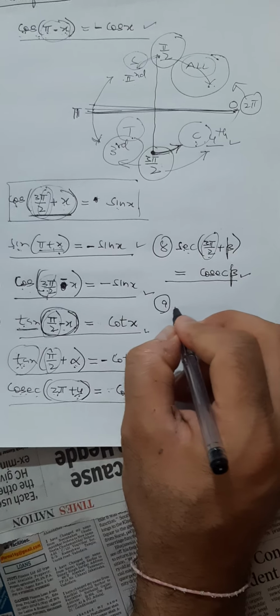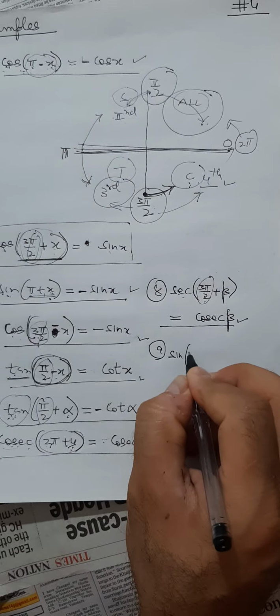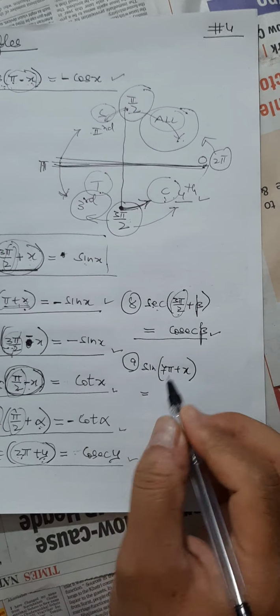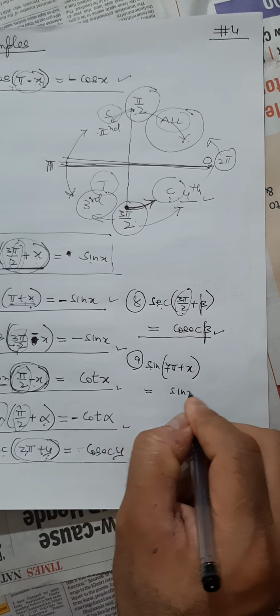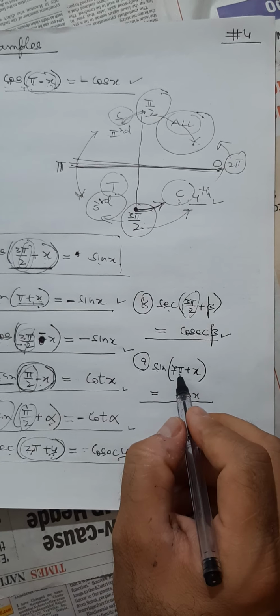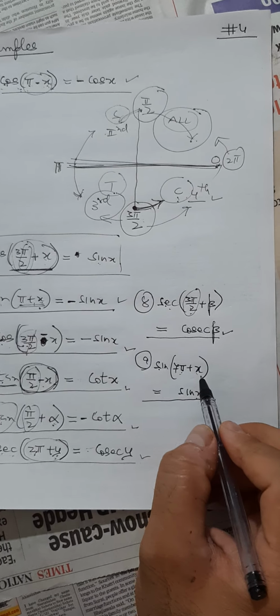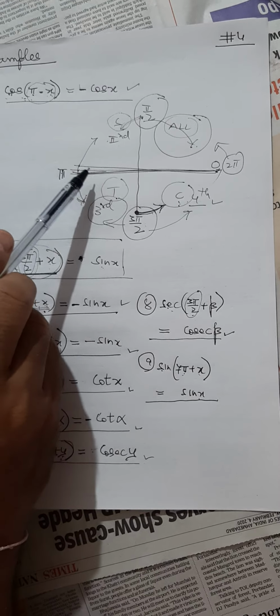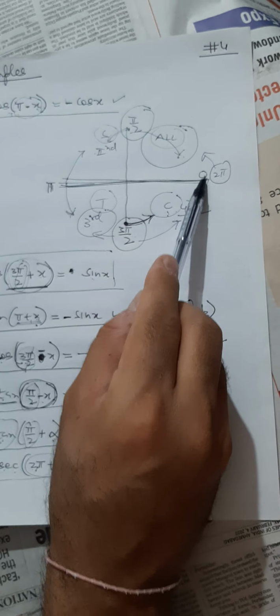Next, suppose I want sine of 7 pi plus x. It is a multiple of pi, so the answer will be in the form of sin x only. Where is 7 pi? After 3 rounds, you start from here: 2 pi, second round 4 pi, third round 6 pi, and then here.